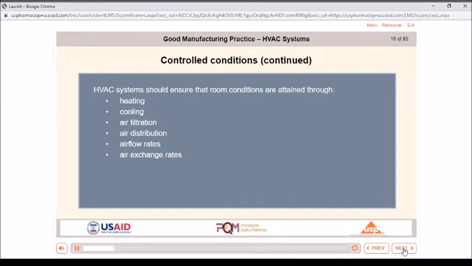Controlled conditions, continued. HVAC systems should ensure that room conditions are attained through heating, cooling, air filtration, air distribution, airflow rates, and air exchange rates.